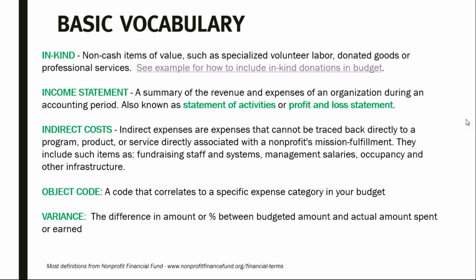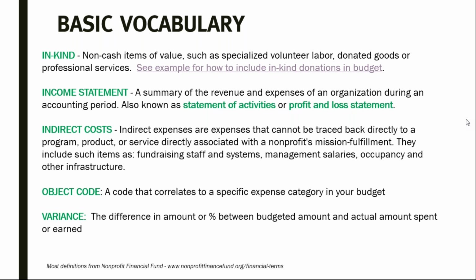Indirect costs, which I know Leah spoke about, are costs that cannot be traced back to a particular program, but are vital for the health of an organization. So this might be fundraising staff, management salaries, occupancy, other infrastructure.